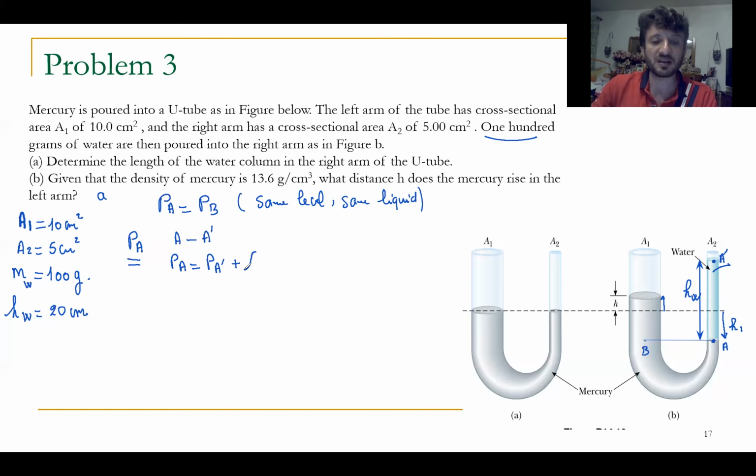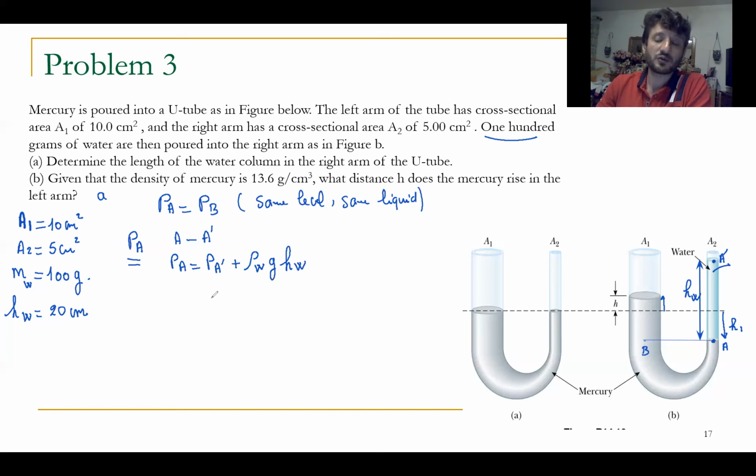So we can say rho of water times G. Between A and A prime, we have H water, already calculated, equals 20 centimeter. So from this relation we can calculate PA.